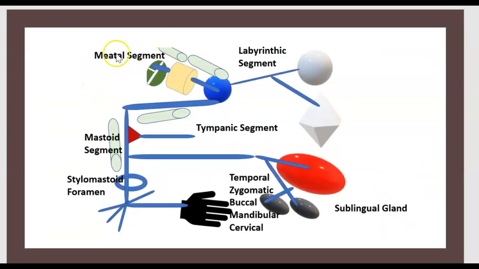The facial nerve starts with the meatal segment, then the labyrinthine segment, then the tympanic segment, then the mastoid segment, then the stylomastoid foramen.